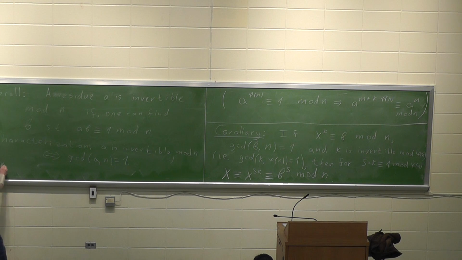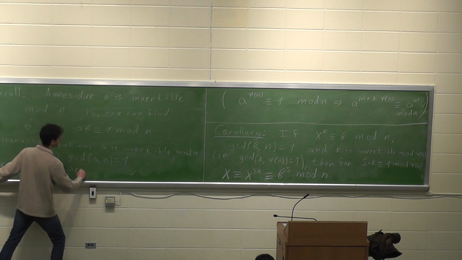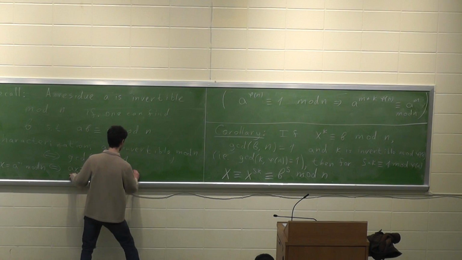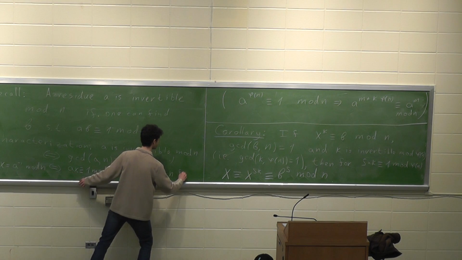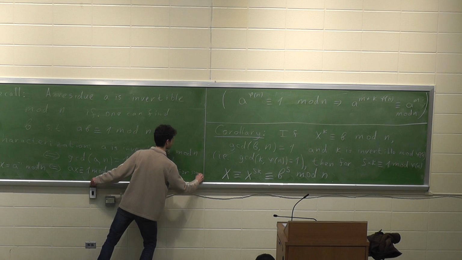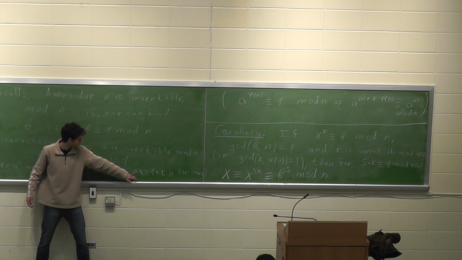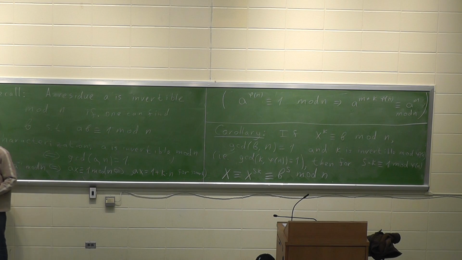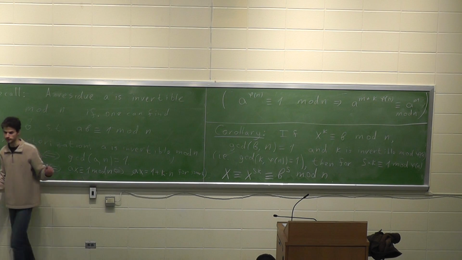So x is the inverse modulo n if and only if ax is congruent to 1 modulo n, if and only if ax minus 1 equals k times n for some k, which means the inverse exists if and only if the equation ax minus kn equal to 1 is solvable. And we know when it is solvable: exactly when GCD of a and n is equal to 1. Right?